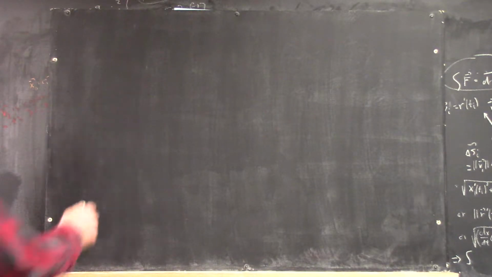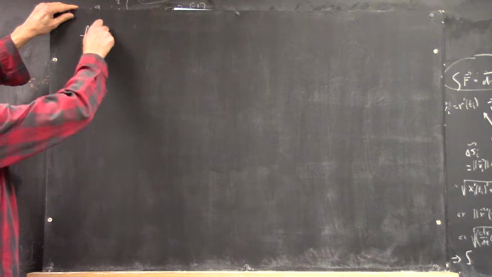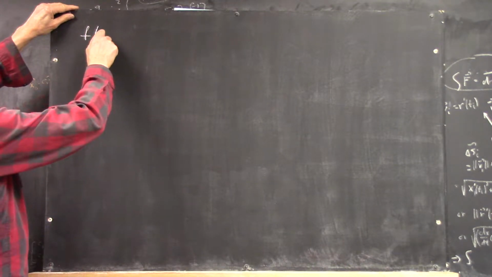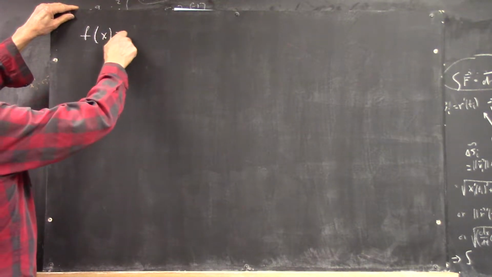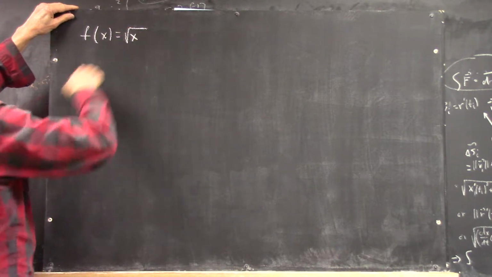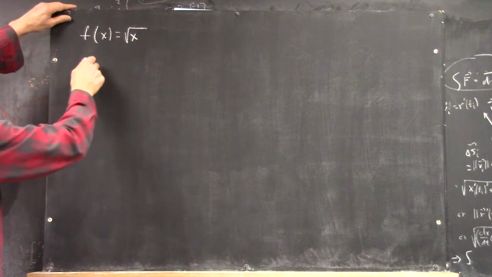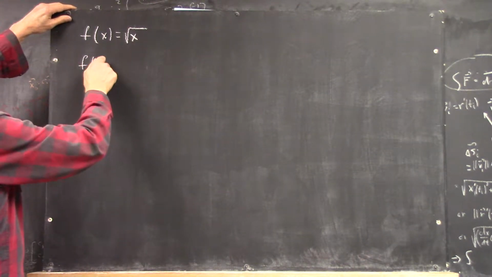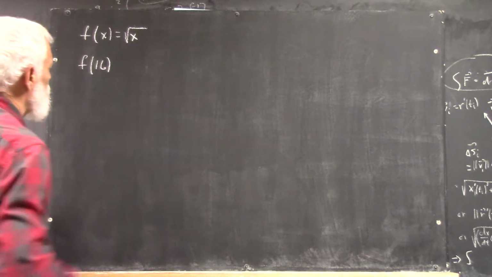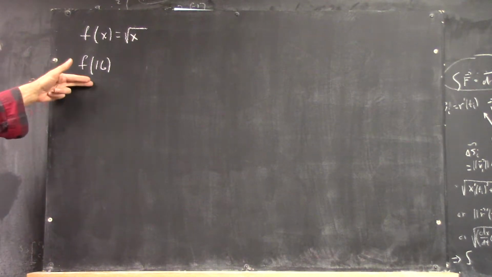So let's take, first of all, f of x equals square root of x. Now if I write f of 16, how does this differ from this?